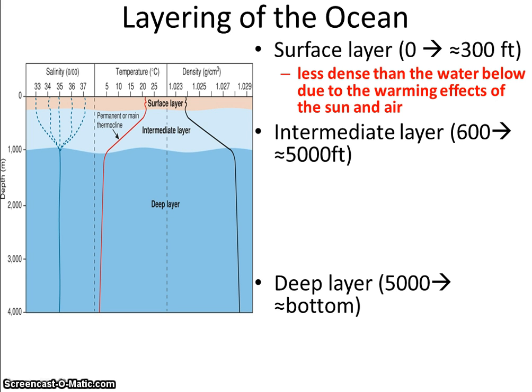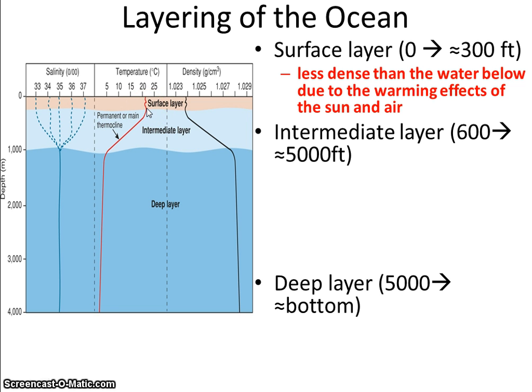Then we have this area in the middle. This is called the intermediate zone. It's not actually the middle of the ocean. It's actually closer towards the top. But here we have density rapidly increasing. And if you look over here, that's probably because temperature is rapidly decreasing. As we move deeper and deeper in water, we lose the warming effects of the sun.